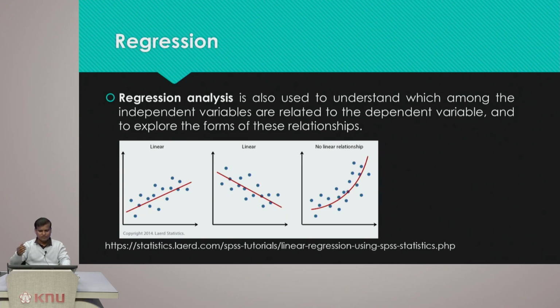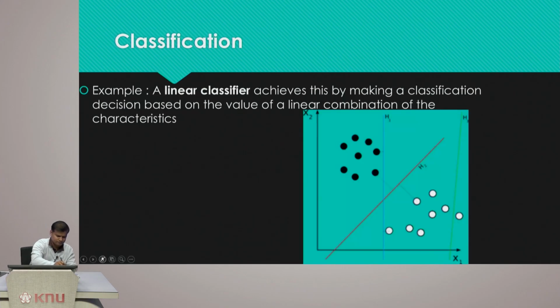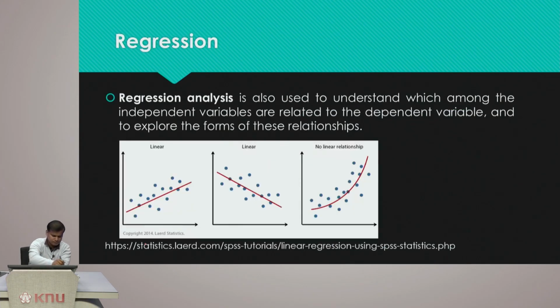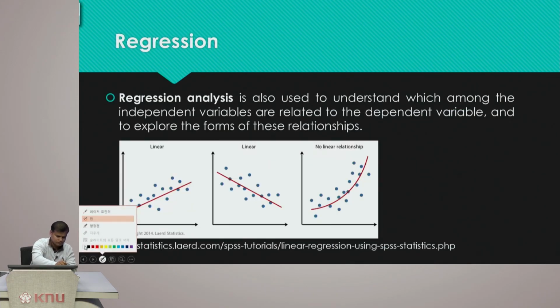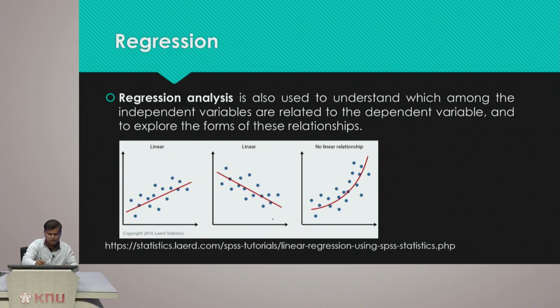For example, if you consider the number of kilometers the car has gone on the x-axis, suppose this is the number of kilometers you have in hand, and suppose you want to know the price of a car at this point.